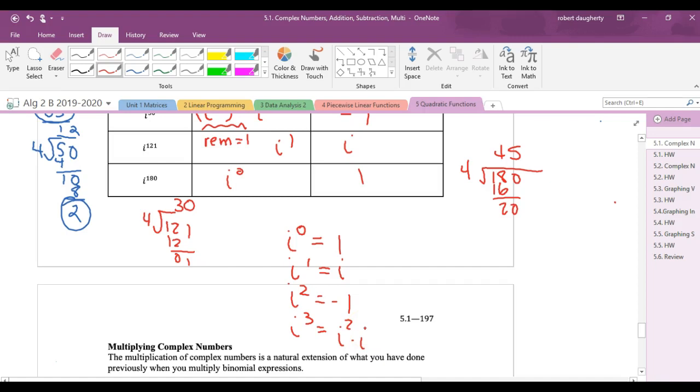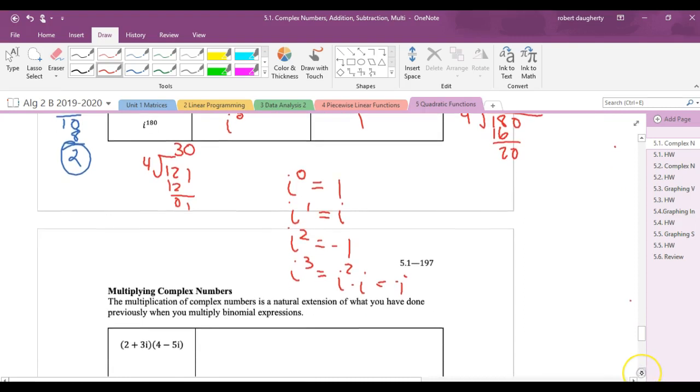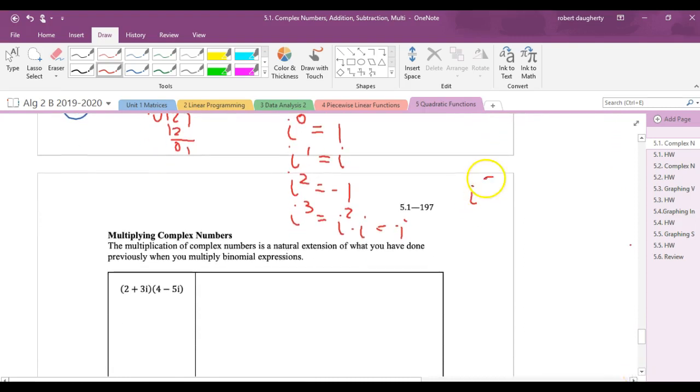What's i squared? -1. i squared is -1, so this is -i. What's i to the 4th? It's 1, okay? So if you can work through those numbers, you can work through any number, okay? So real quick before we move on, just to see if you can do it, what is i to the 573rd power?